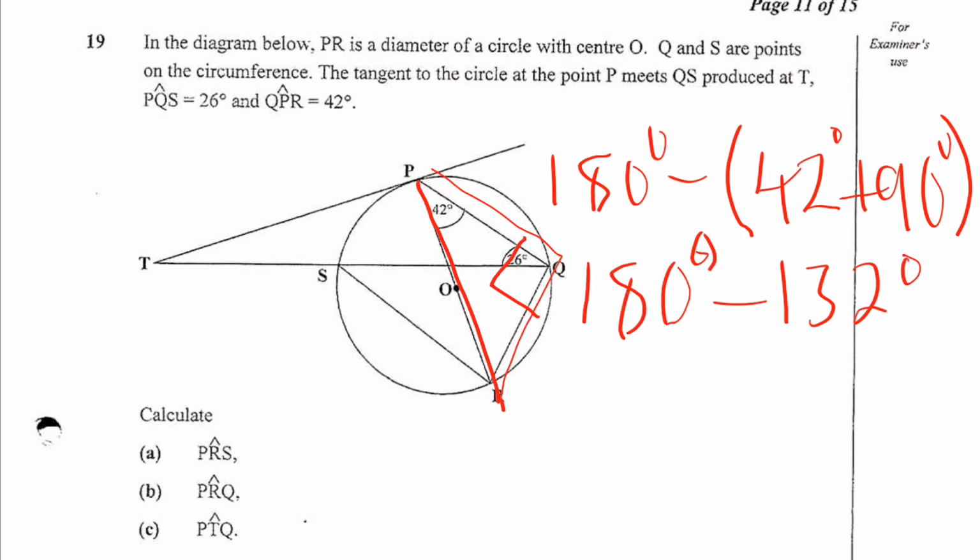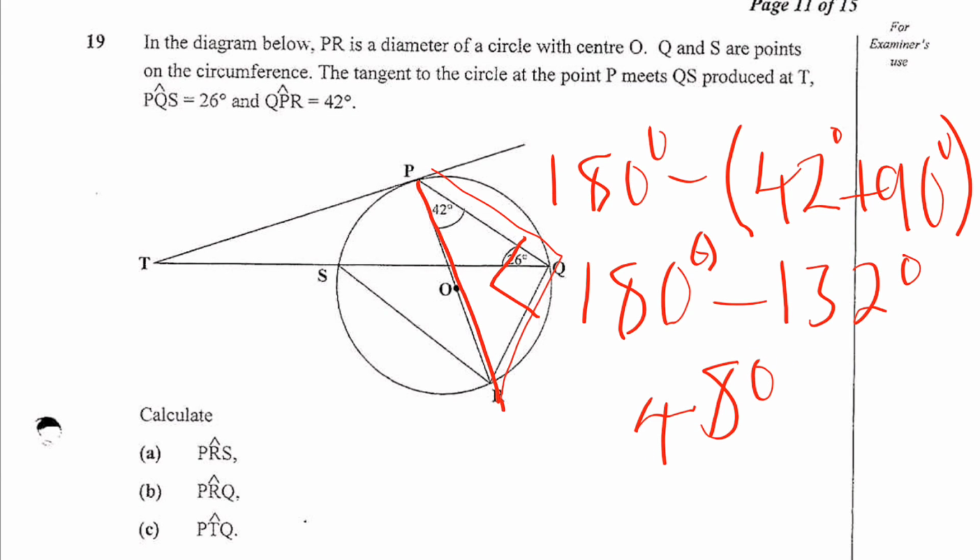132. If you subtract nicely, 180 minus 132, we're going to have 7 minus 3, that is 4.